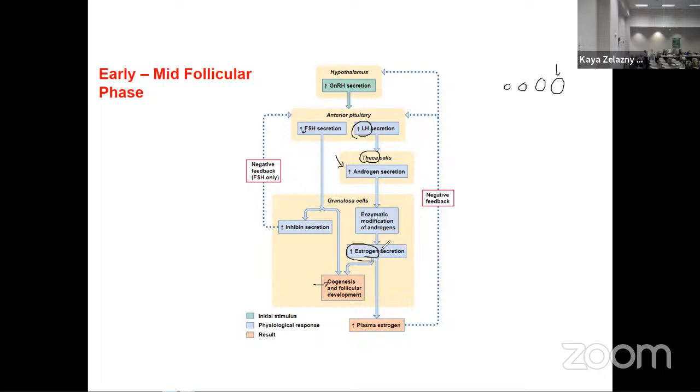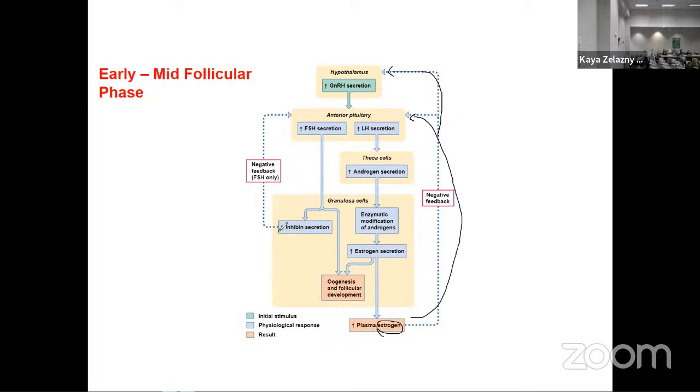That estrogen is increasing, which is helping with the development of the follicles. It's also swirling around in our bloodstream. Now, the final part of this drawing is that we have negative feedback loops. As our plasma estrogen levels get higher, they have negative feedback on the LH secretion and on our initial trigger up here, the gonadotropin releasing hormone secretion from the hypothalamus.